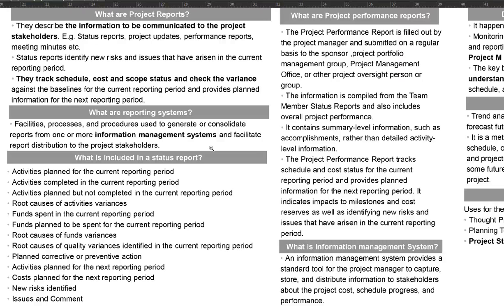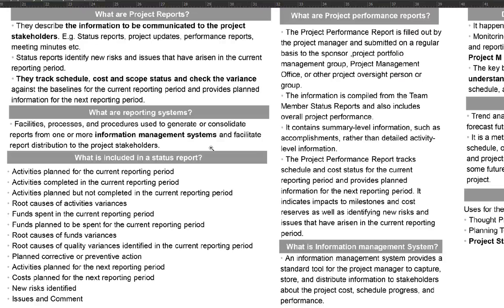It would have the location where all this is stored. So a project manager would use the information management system to facilitate and distribute this to the stakeholders. The reporting system will even include software that is in the information management system.